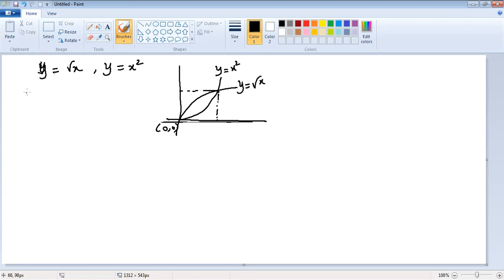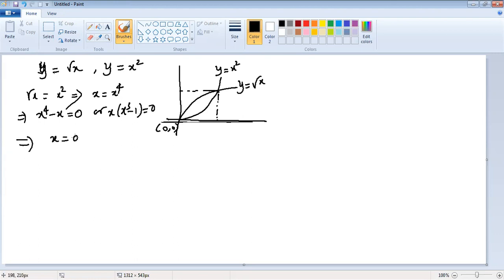How will you find it? We can write root x equal to x square, or x is equal to x raised to 4. This implies x raised to 4 minus x is equal to 0, or x into (x cube minus 1) equal to 0. This implies x is 0 and x is 1. When x is 0, y is 0, and when x is 1, y is 1.